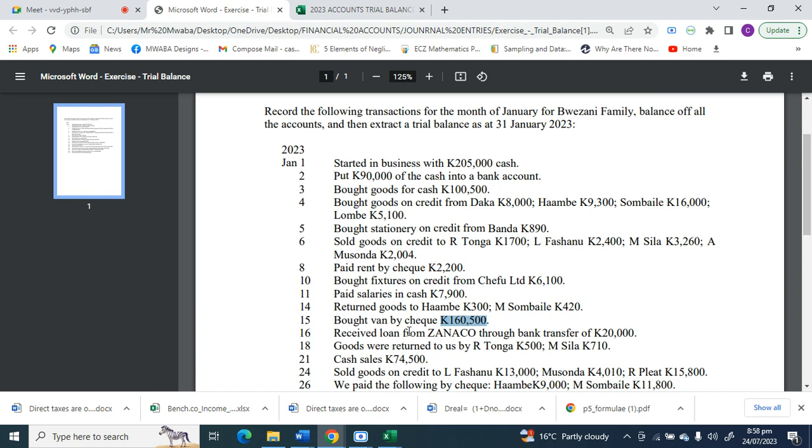It won't be treated as an expense like those expenses in the profit or loss account. The way we're looking at it is we got a new asset and we paid for this asset by check. But you won't see this 160,500 in the statement of profit or loss.